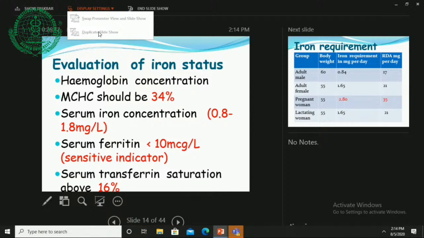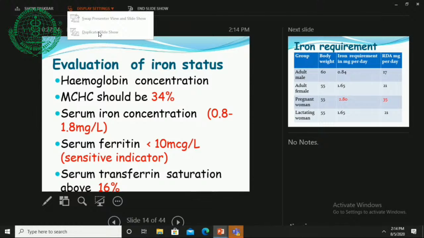Then serum iron concentration should be in the range of 0.8 to 1.8 milligram per liter. If it is less than 0.5 milligram, then that suggests that the iron stores are depleted. Then serum ferritin should be about 10 micrograms per liter.